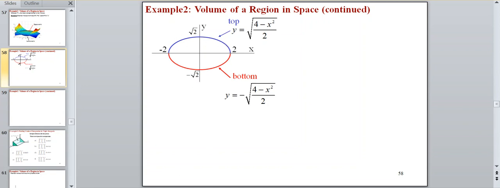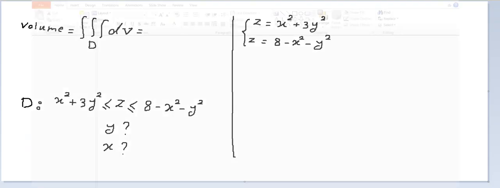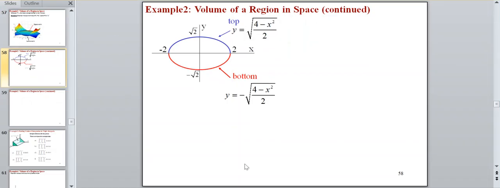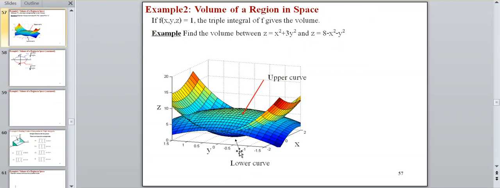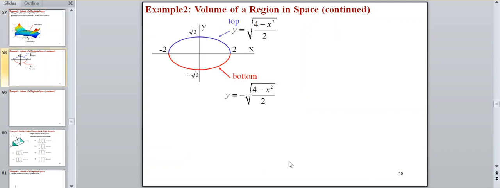Let me explain for you. Here you can see the intersection of these two surfaces, lower and upper surface, will be a curve, right? That curve will be an ellipse, and the image of that ellipse on the xy plane is this.